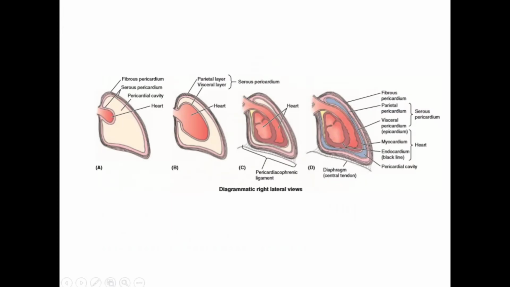Here in this diagram you can see this is the fibrous pericardium, this is the serous pericardium, and this is the parietal pericardium. Here you can see this is the parietal, this is the visceral layer. These are the two layers, clearly distinguishable.